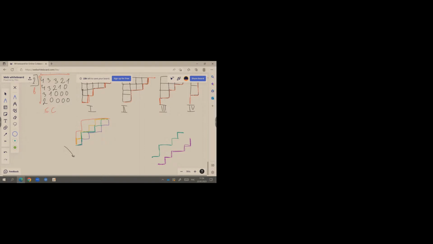Yellow one like this, and the red one like this. Okay.